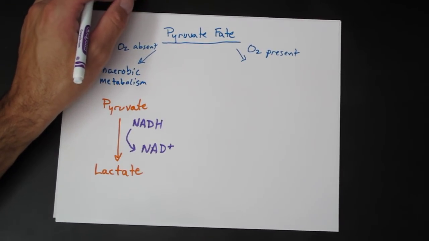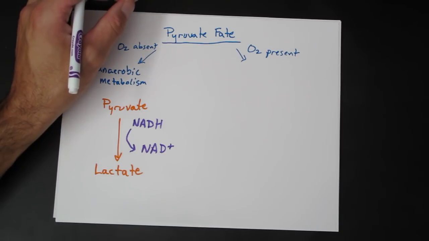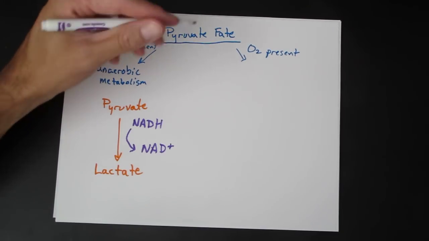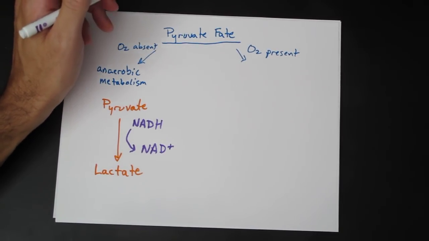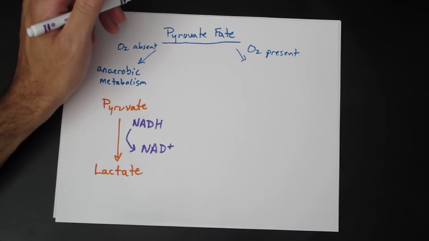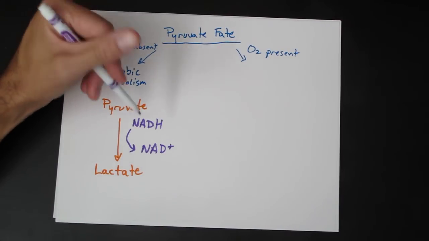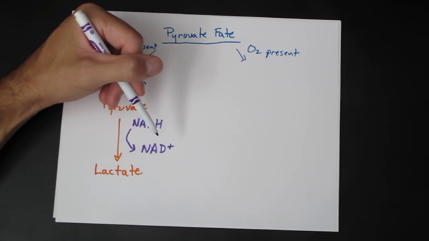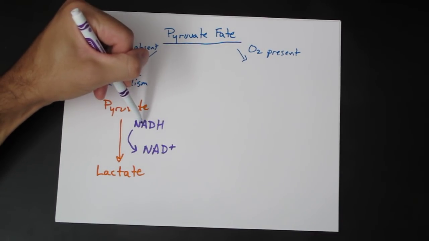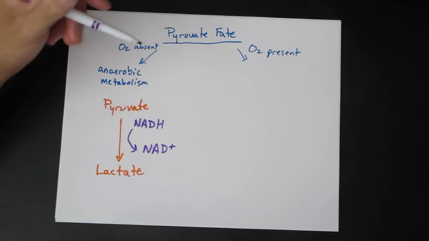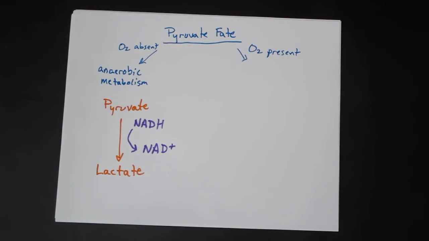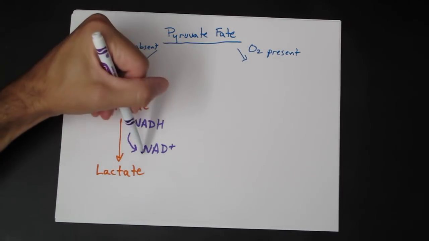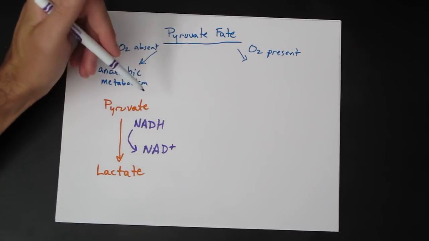And this is critically important here. All right? This is critically important because if oxygen is absent and we're metabolizing glucose into pyruvate, what we're doing is we're using up all of the NAD+ that we find in the cell, and we're converting it to NADH. Right? So if nothing were to happen and we just used up all of that NAD+, eventually the process of glycolysis would be forced to stop because there would be none of these left in the cytoplasm.